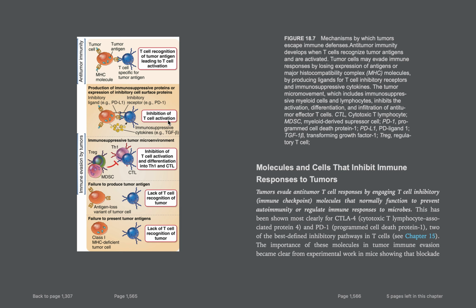So this is another diagram. Figure 18.7, mechanisms by which tumors escape immune defense. Anti-tumor immunity develops when T cells recognize tumor antigens and are activated. Tumor cells may evade immune response by losing expression of antigens or major histocompatibility complex molecules, by producing ligands for T cell inhibitory receptors and immunosuppressive cytokines.